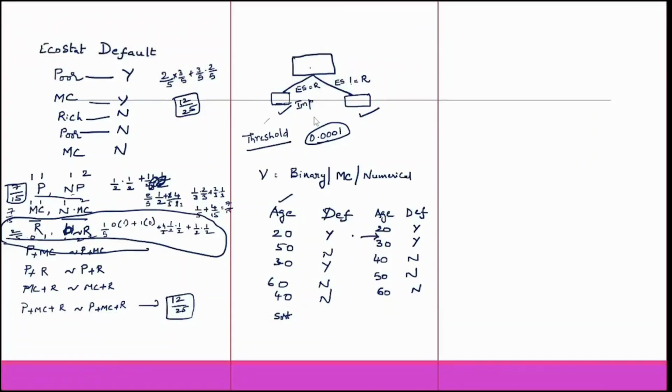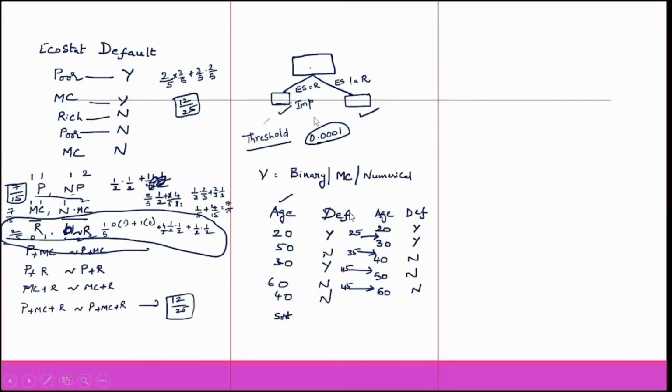So we may say less than 25. Let's say between these two, we'll take one value. Generally, the middle of these two values. So this is 35. This is 45. For every set, you will do this. So what is it that you are doing here?